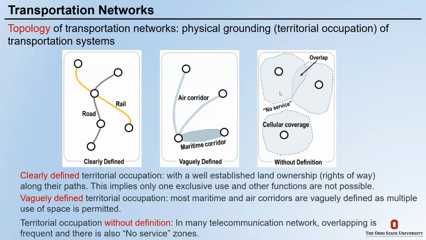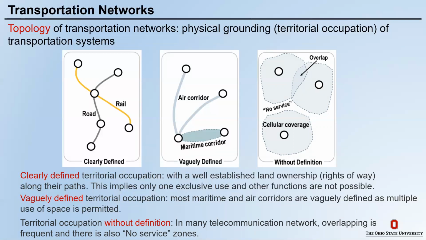Each one is serving a specific area, so you can consider there are boundaries, but these zones covered by different base stations overlap each other, which means that multiple telecommunication regions sometimes share the same space, right? So there is no definition of territorial occupation.